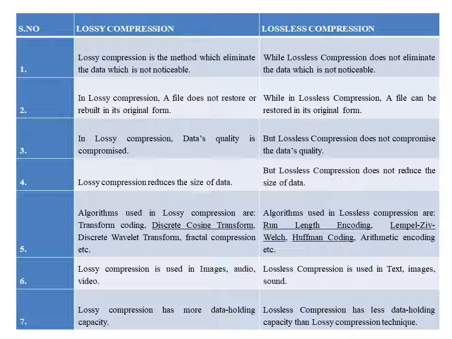Lossy compression can be used on files like video files, image files or audio files. In the same way, lossless compression can be used on text files, image files, or sound files also. Then lossy compression has more data holding capacity, because it reduces that data which is not noticeable, so more data can be held, whereas that is not possible in lossless compression. So that brings us to the end of this topic on compression. Thank you so much.